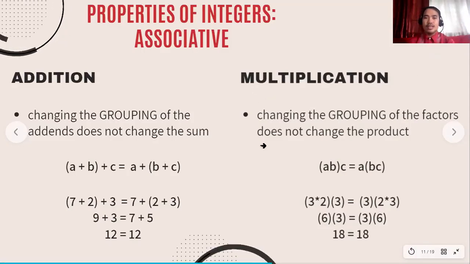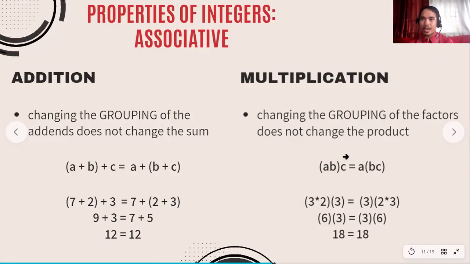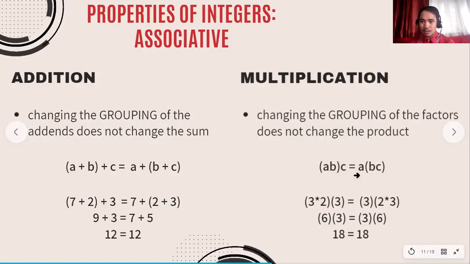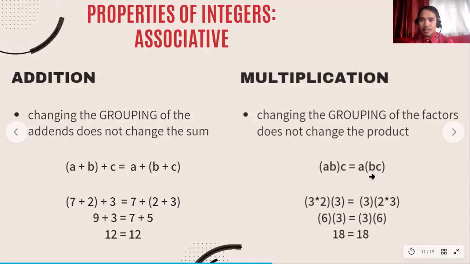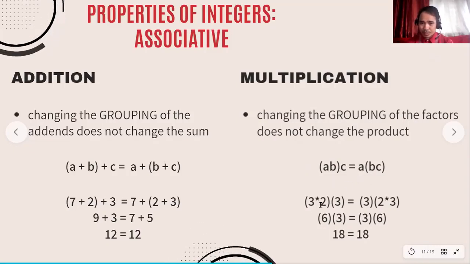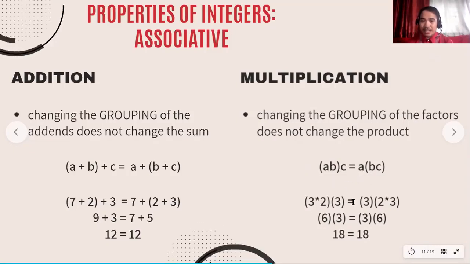What about in multiplication? Changing the grouping of the factors does not change the product. We have here the mathematical notation, the quantity a times b, times c is equal to a times the quantity b times c. For example, the quantity 3 times 2, times 3 is equal to 3 times the quantity 2 times 3.